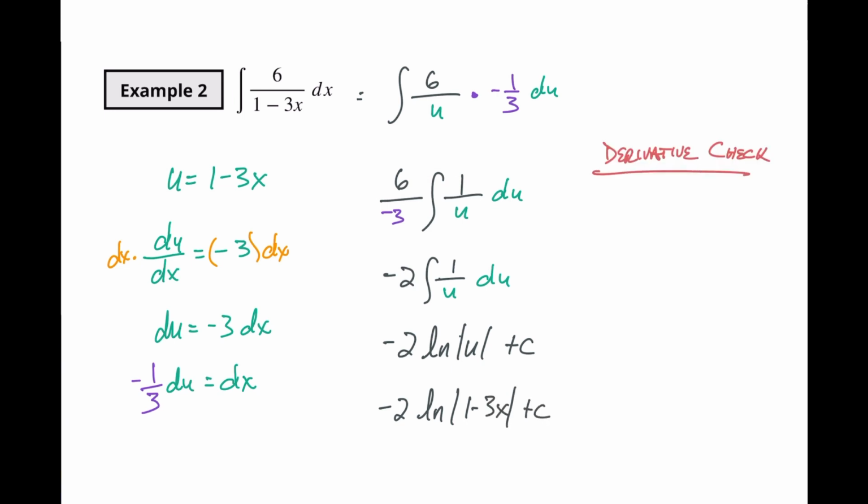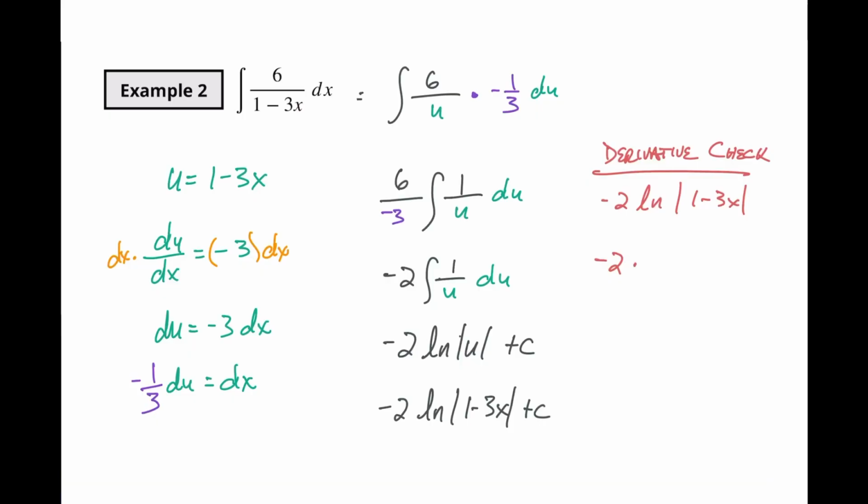Here's our derivative check. So if I've got negative 2 ln of 1 minus 3x, I'm going to take the derivative of the outside. Well, first, this negative 2 is going to get multiplied along, so we're just going to carry that down. The derivative of ln of x, or ln of any function, is just 1 over that function. That's one of our special rules that's in your formula booklet.